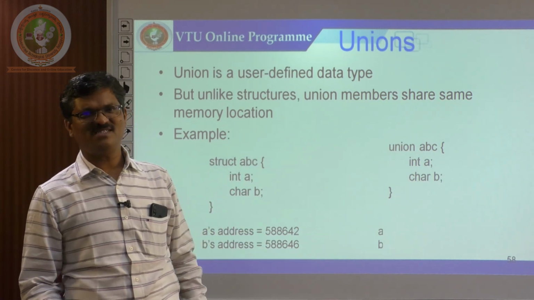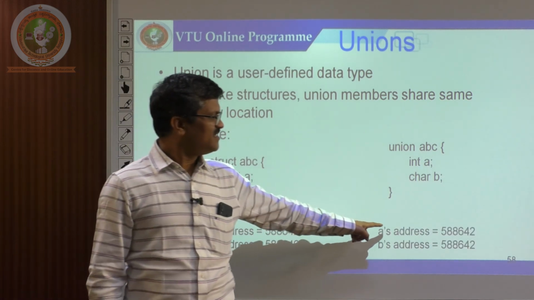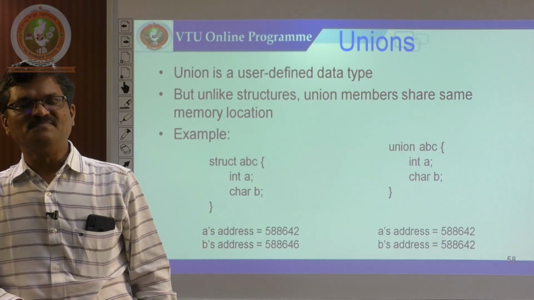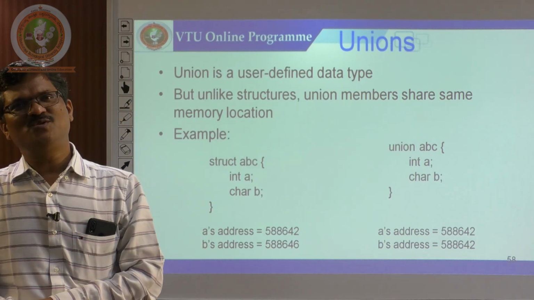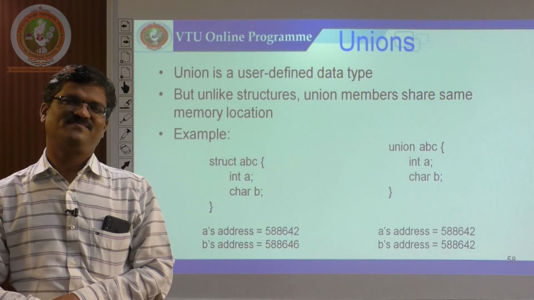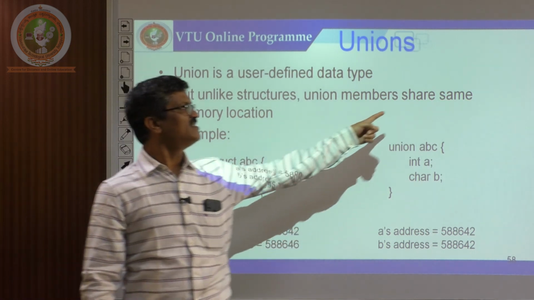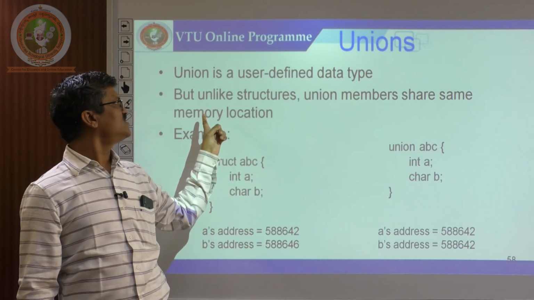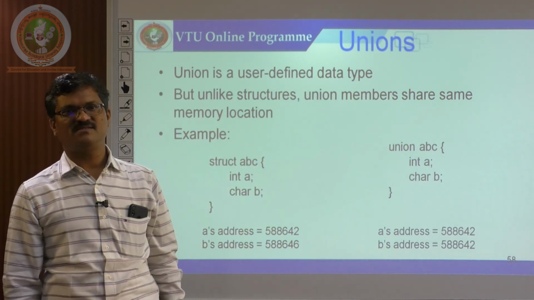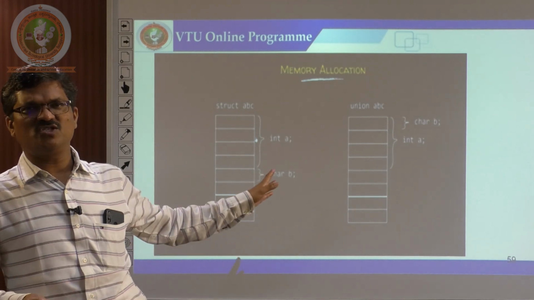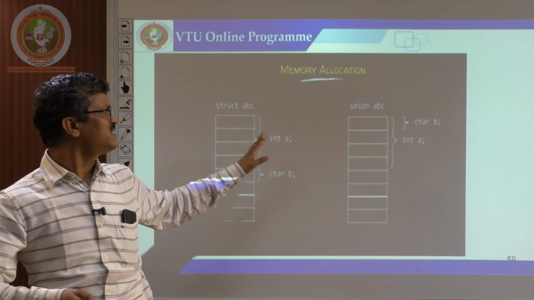What would be the address? If A's address is 588.642, then B's address also would be the same, not after 4 bytes, because they share the same common memory location.